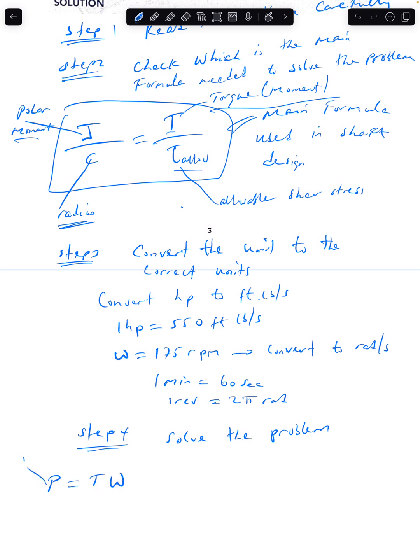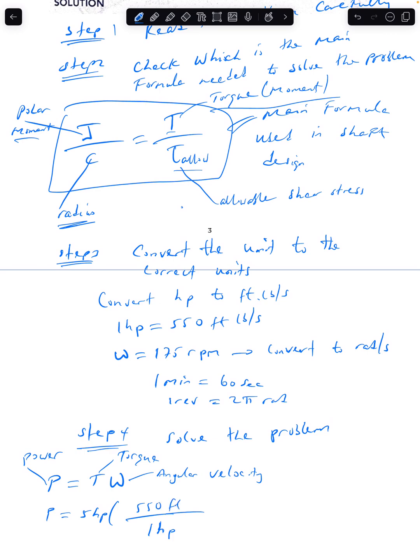So this is power, this is torque, this is angular velocity. It therefore means that I know that the power which I have is given as 5 horsepower. But what is 1 horsepower? 1 horsepower is equal to what?